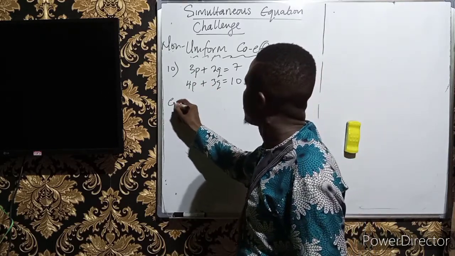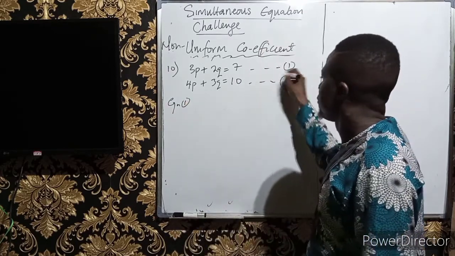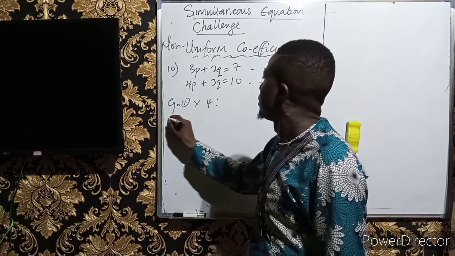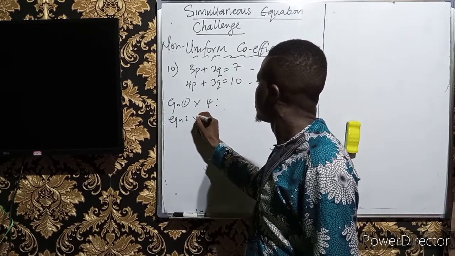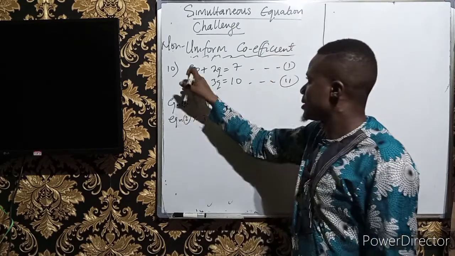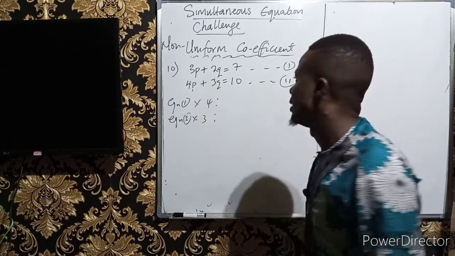Let's say this is equation 1 and this is equation 2, for instance. When I say equation 1 times 4 and equation 2 times 3, I reverse their coefficients, because when I use them to multiply, they become equal again.